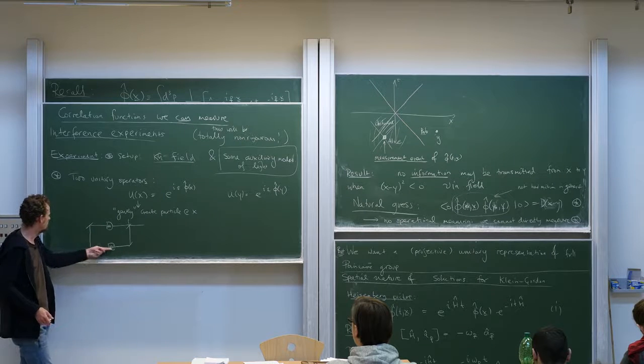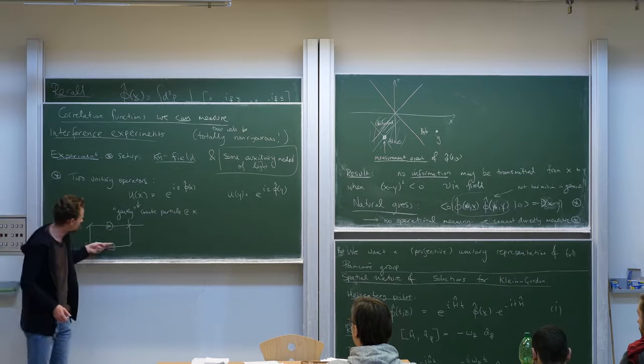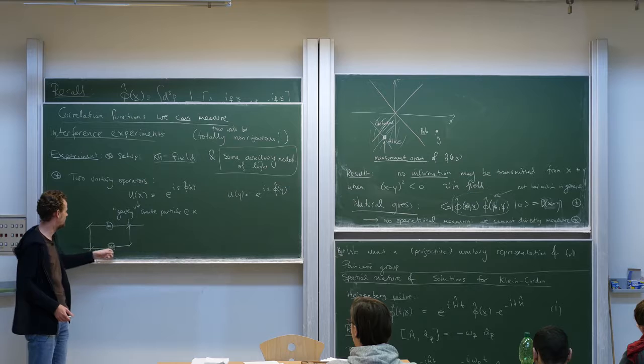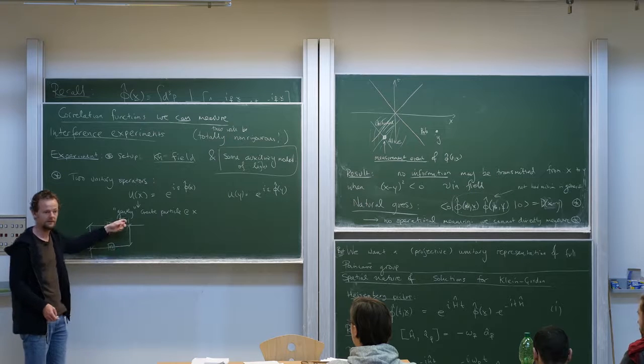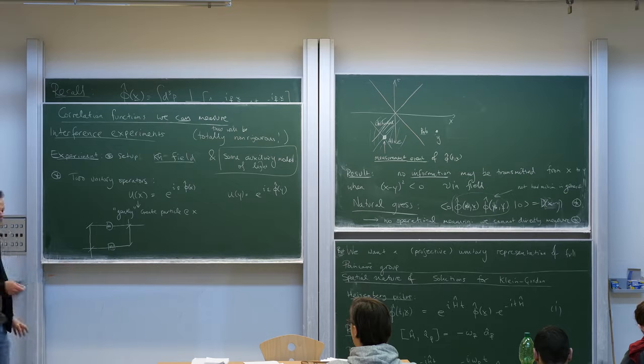Or if you have one particle in the system, one photon say, and it goes this way along this branch of the interferometer, then you create a particle at space-time location y. So this is a kind of experiment you could imagine maybe in principle building.